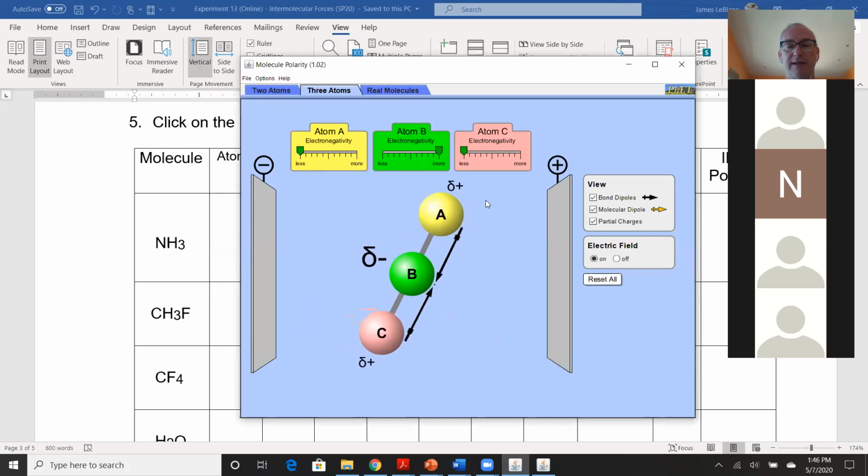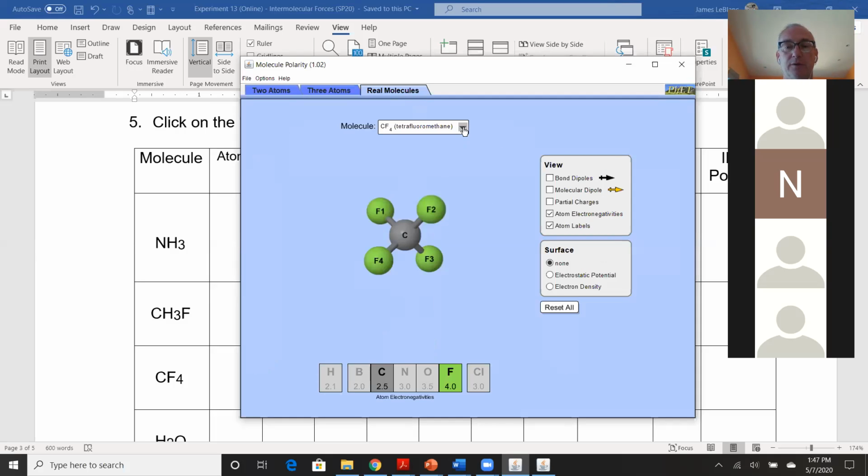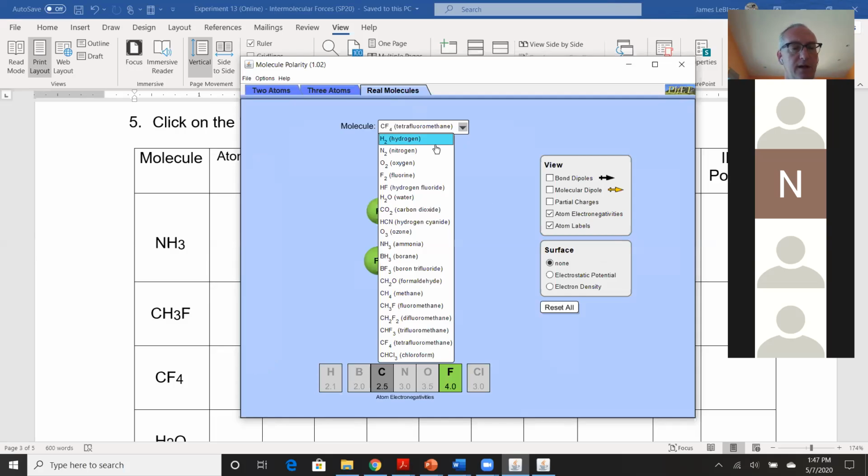Oh, look at it, it's orienting itself very slowly. It's the dipoles in the bonds that determine it; you can have polar bonds in a non-polar molecule, just based on the shape of the molecule. So when we go to real molecules, the first one I'll do is ammonia.